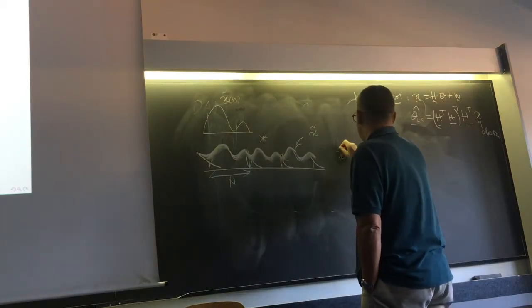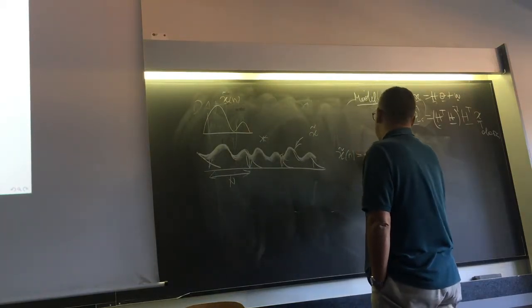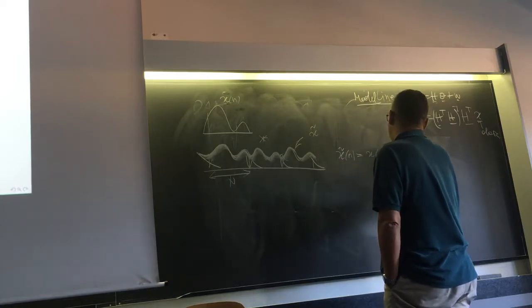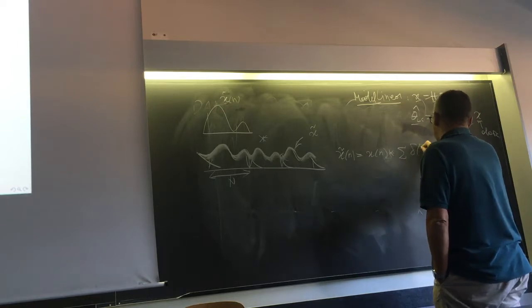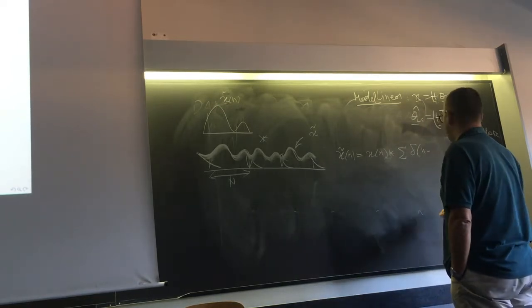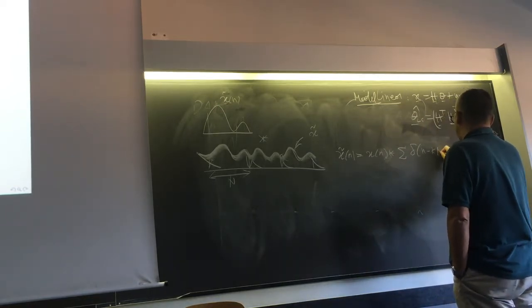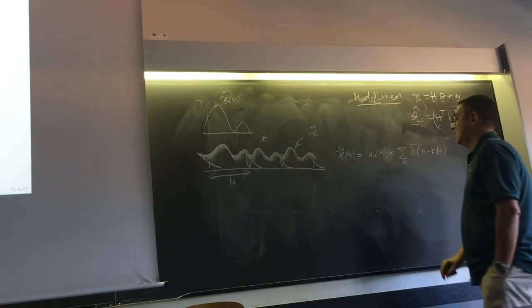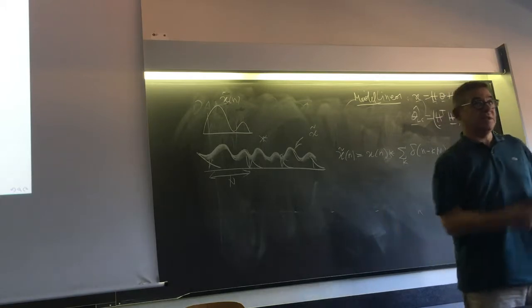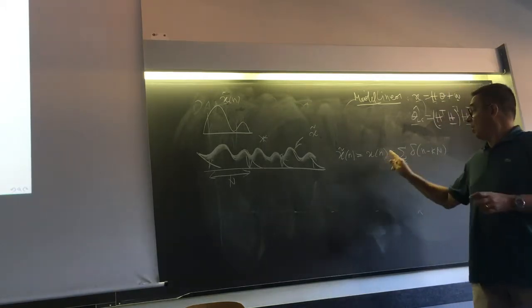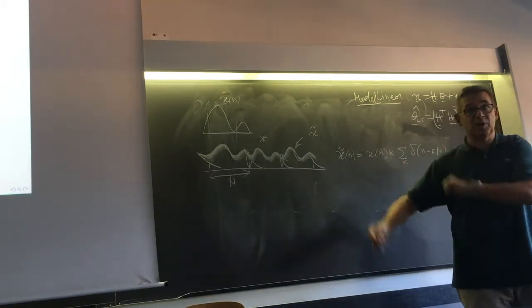So x tilde n is equal to xn convolved with a delta n minus kN. This is like a repeater, which takes the aperiodic one and repeats it periodically.